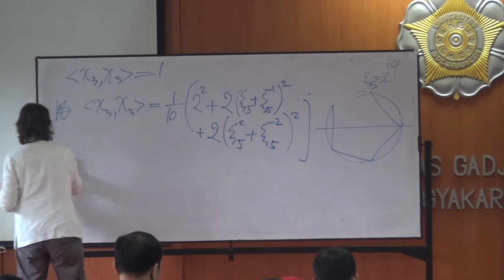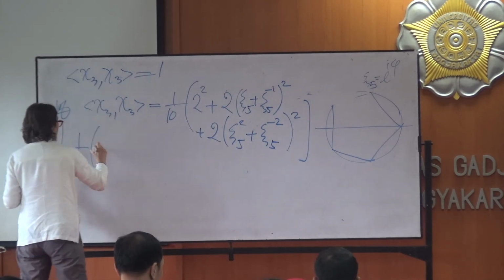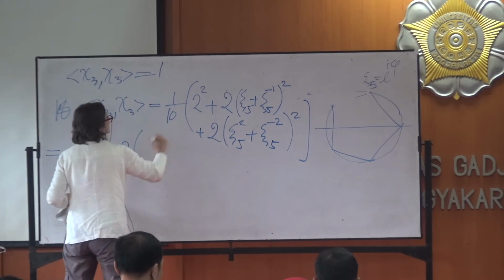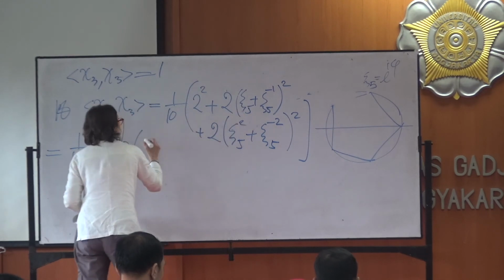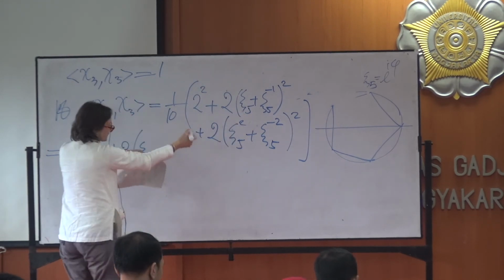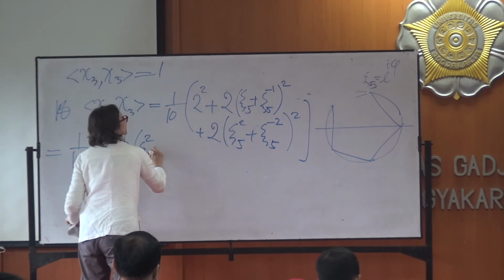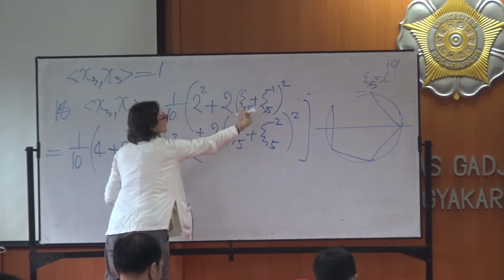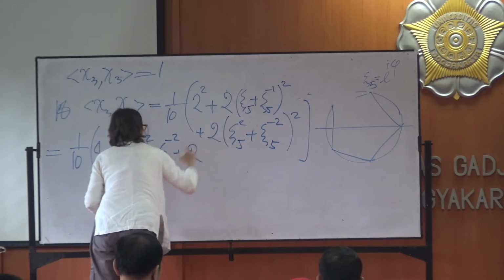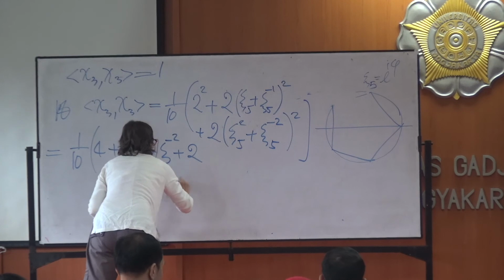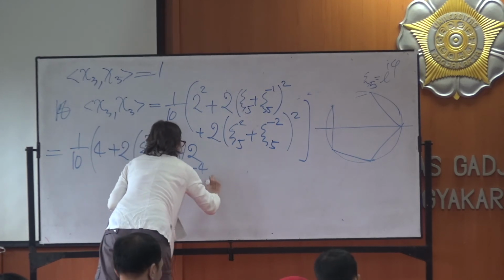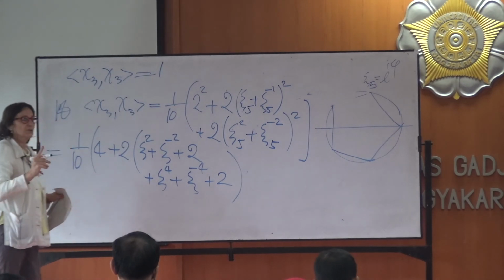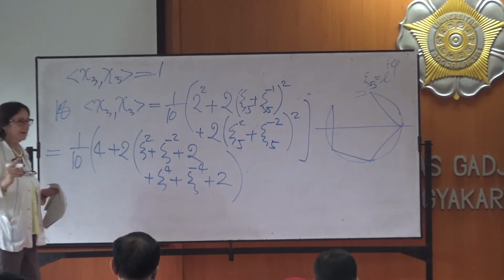So what do we get? We get 1 over 10, 4 plus, and now 2 times psi squared plus psi to the minus 2 plus 2, the double product, plus psi to the 4th plus psi to the minus 4 plus 2. Now we have to use the relation psi to the 5 equals 1.